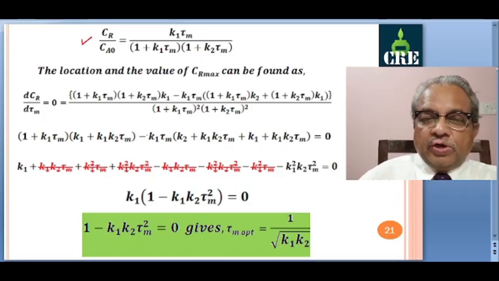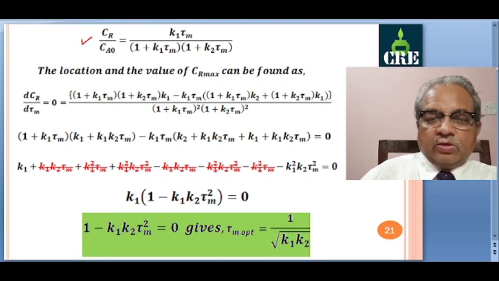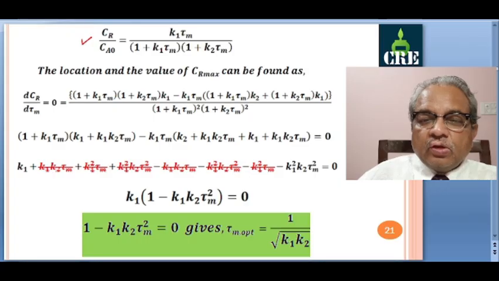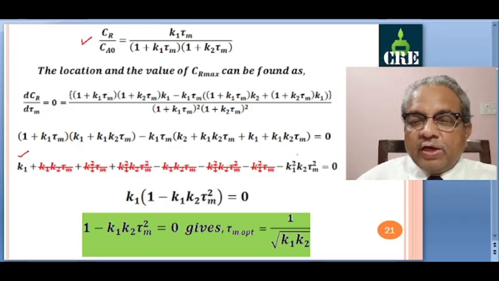So you can equate the numerator to 0 directly. Solve this carefully, collect the terms carefully, and see that most of the terms cancel out, being plus and minus sign with the same magnitude. K1 minus K1 square K2 tau m square. So this can be written as K1 outside, 1 minus K1 K2 tau m square is equal to 0.